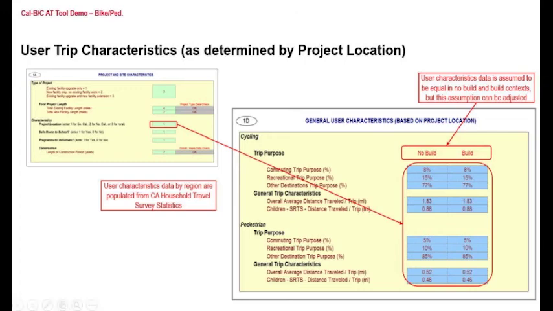So these percentages of what percent's being used for other purposes or recreational commuting probably aren't right for this corridor. I didn't change it for this example, but if you have better information, if you've done surveys in the area, or you have some expert knowledge, you can change these percentages.